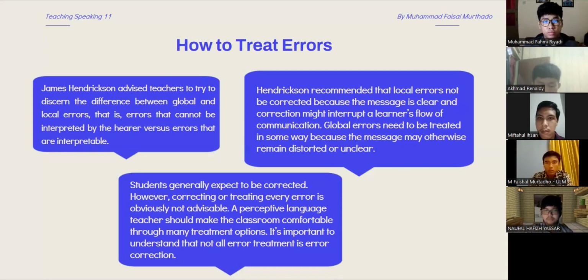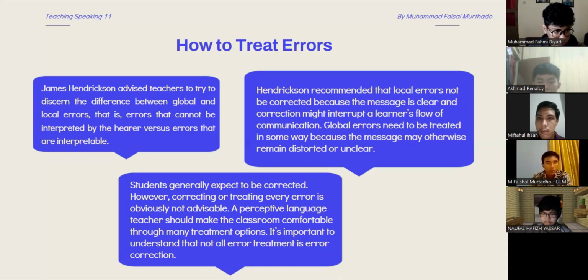Hendrickson recommended that local errors not be corrected because the message is clear and the correction might interrupt a learner's flow of communication. But instead, global errors need to be treated in some way because the message may otherwise remain distorted or unclear till the end of the day.